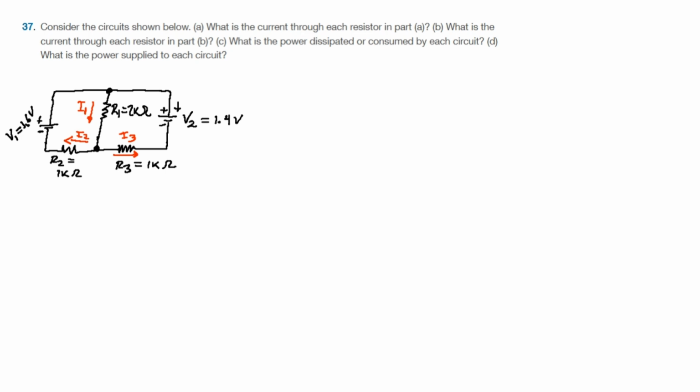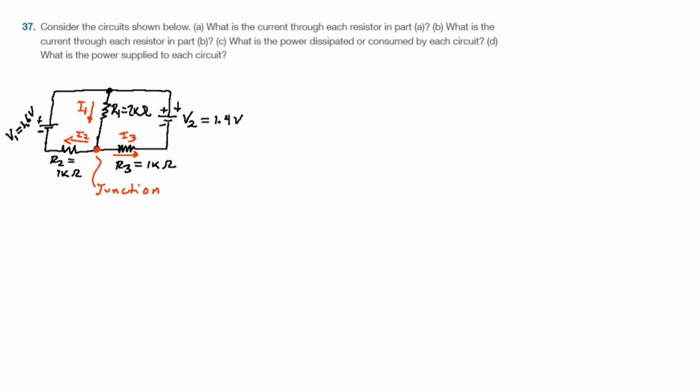Okay? Now, I have then one junction over here, and I will apply the junction rule to this junction. Now, based on the junction rule, we have I1 enters into the junction, and I2 and I3 are leaving the junction.